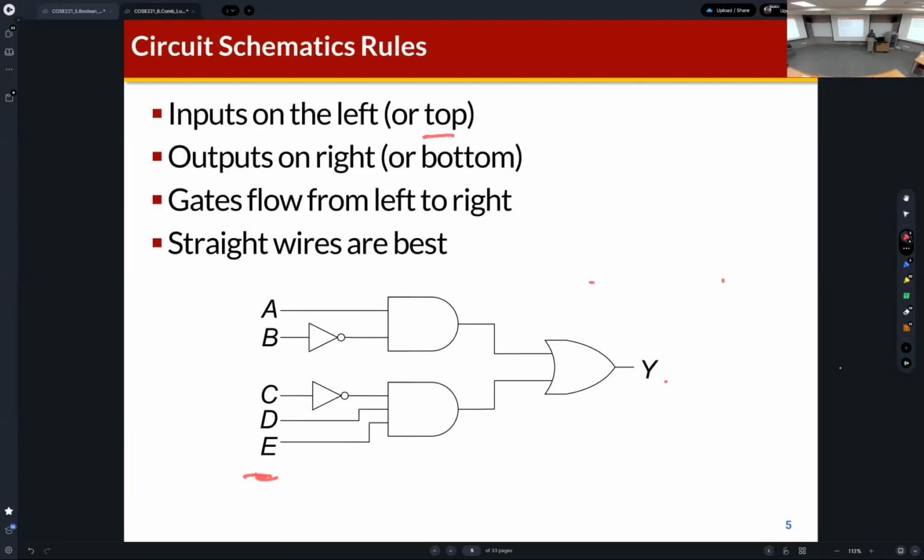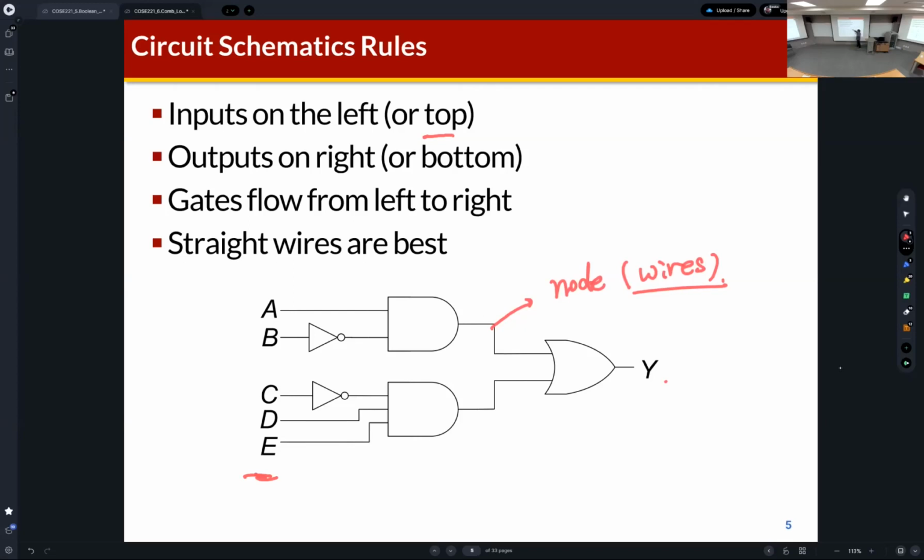And then these are nodes or wires. We can say that all these are nodes, N1 and N2. In order to represent a node, we need to connect the output of a certain gate to the input of another gate because the signals flow from left to right.